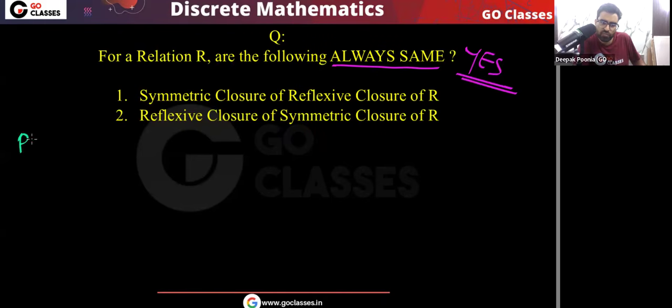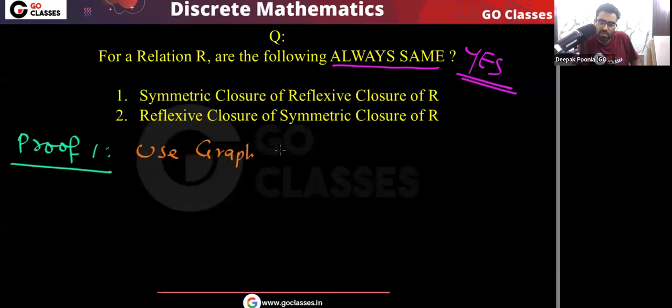Okay, and what is proof 1? I will also give you proof 2. Proof 1 is to use graph representation. You can also use the matrix representation if you want.